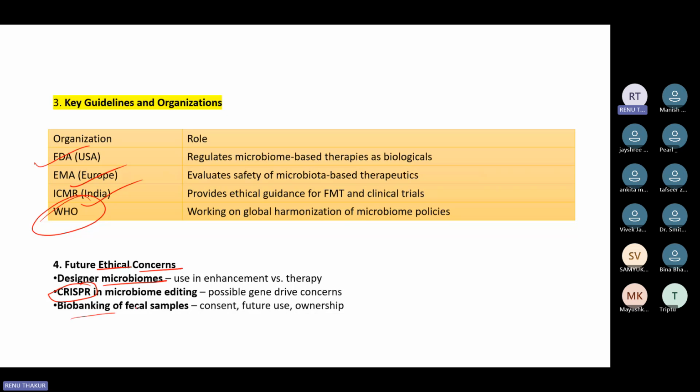And biobanking of fecal samples: biobanking means, like a blood bank, likewise a bank of fecal samples. People will collect fecal samples for future use. They will freeze them in liquid nitrogen at -196 degrees, and then you can have ownership of it and use it in future. So all these things will be happening.